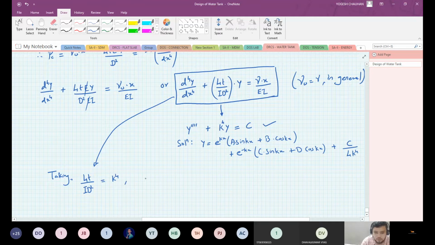Your expression becomes d to the power 4 y by dx to the power 4 plus k to the power 4 into y is equal to some constant c, which is equal to gamma x upon EI. See, this c and this c are different. This is some constant c, and this is another c. Let us designate this with a small c.